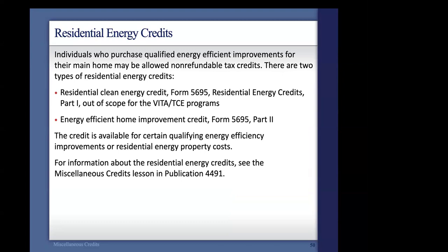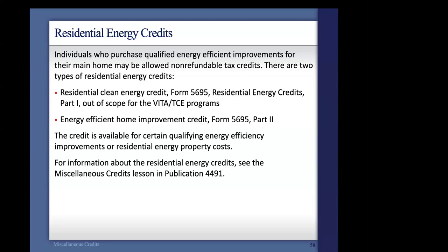But if taxpayers made any type of energy efficient home improvements, then they may be eligible for a credit that's claimed on Part 2 of Form 5695, that is in scope for the VITA TCE program. Most times they don't.